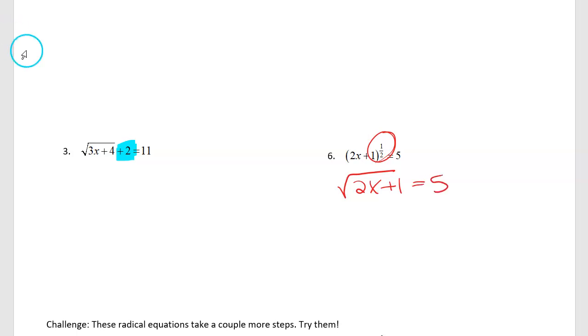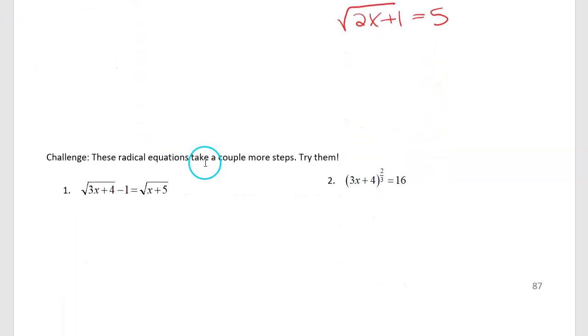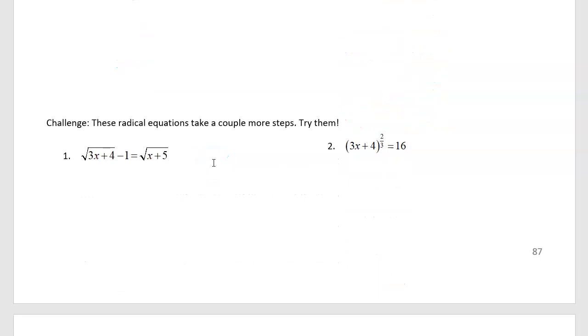And then if you go down to the challenge problems here, you will see they have an exponent of 2/3. I wanted to help you get started on that one. That one is actually the cube root of 3x plus 4, squared.